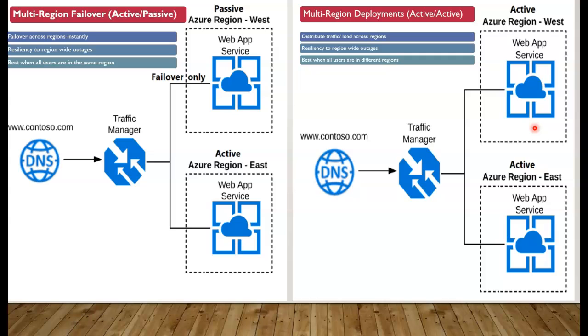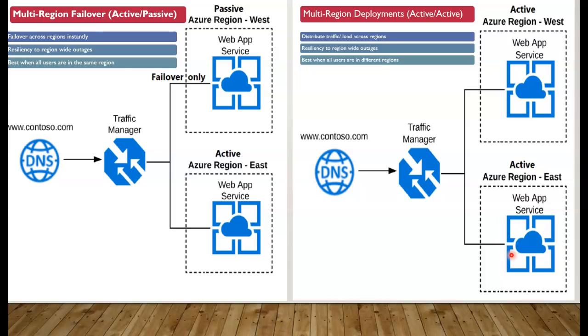We can see in this image west region and east region, both having our resources the entire time, because the traffic is dynamically sent to both places, though we won't be paying for anything that we are not actually using.